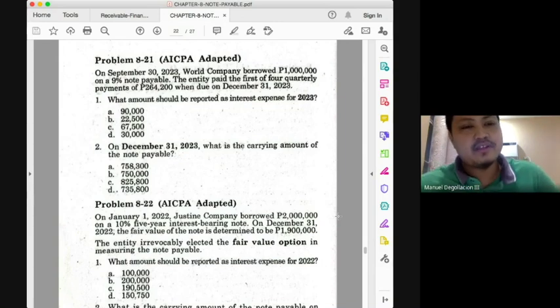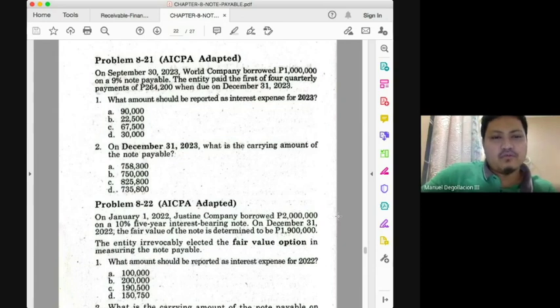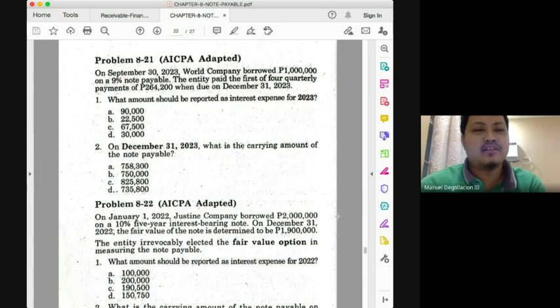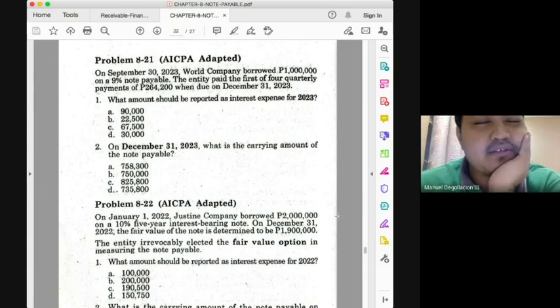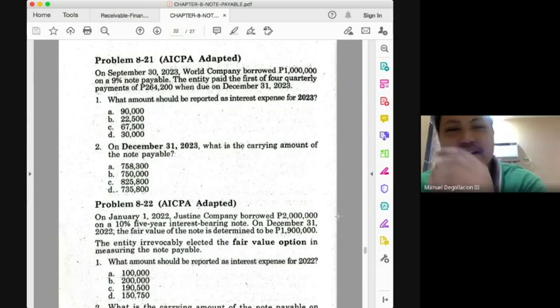Next would be on December 31, 2023, what is the carrying amount of the note payable? So we just have to amortize, class. You split your payment of 264,200 between the principal and the interest. We know that the interest is 22,500.